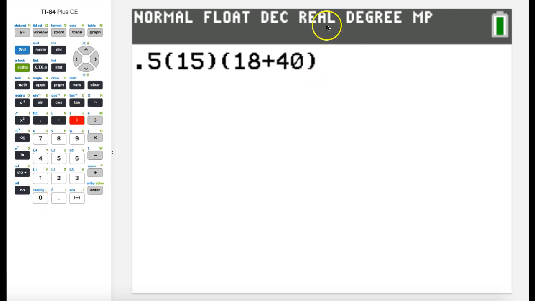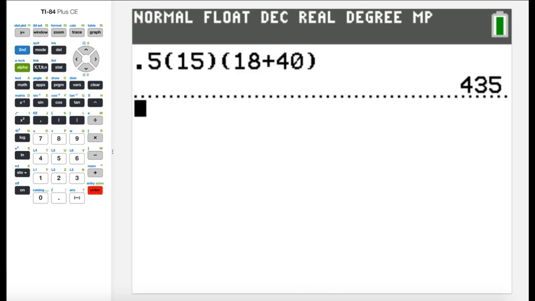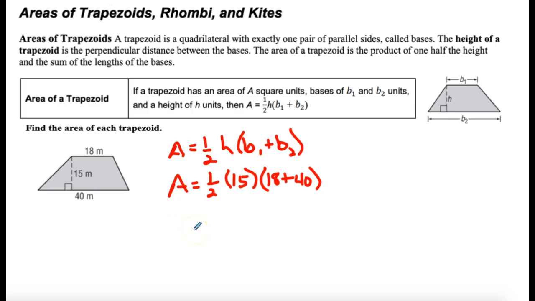If we are going to put that all into the calculator, we need to make sure that we've got parentheses around the 18 plus 40. And we get 435. So the area of this trapezoid is going to be 435 square meters. Remember, since we're still talking about area, we're talking about square units.